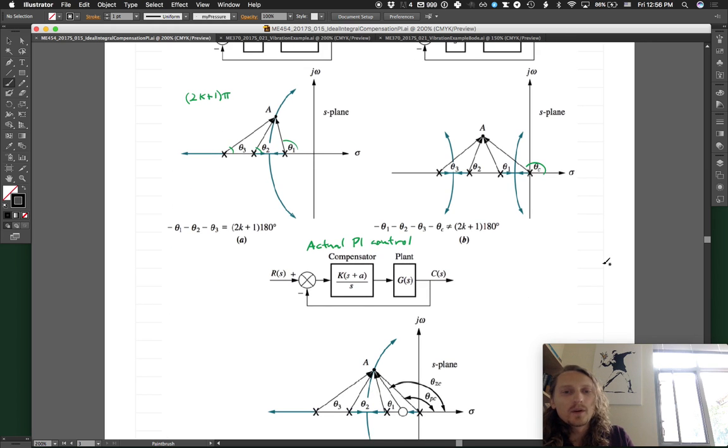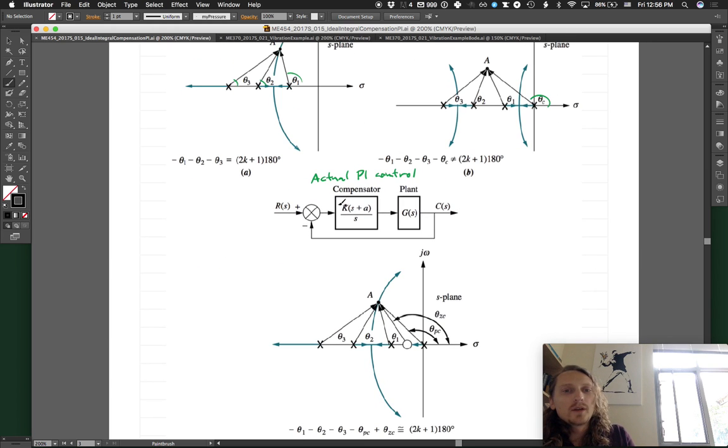So we are going to add a 0 to the numerator, right? We stick a 0 in the numerator, and we put that 0 close enough to this pole, and recall that zeros have the opposite effect on the angle criterion.